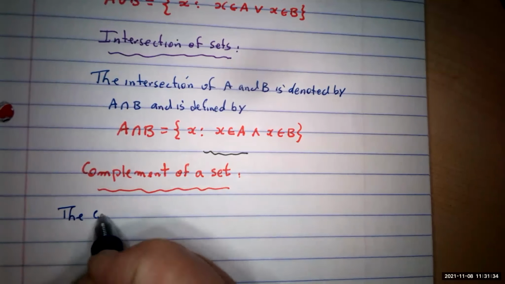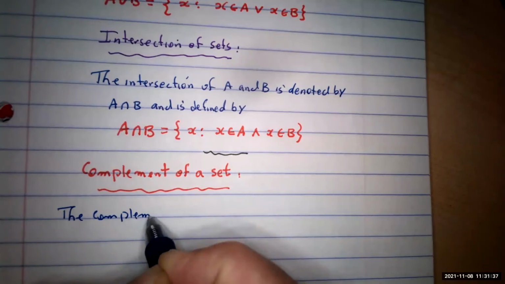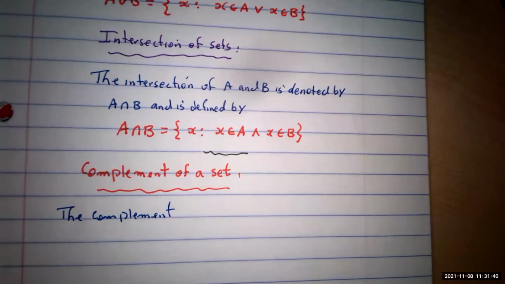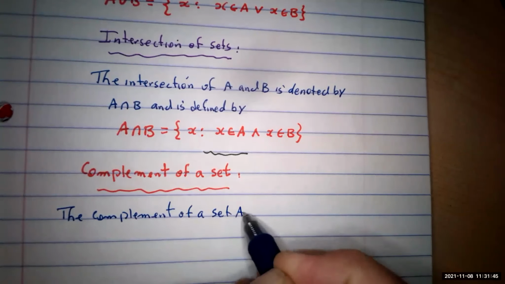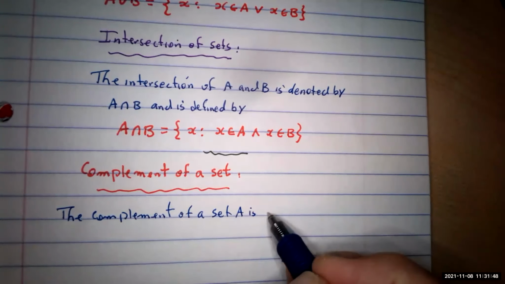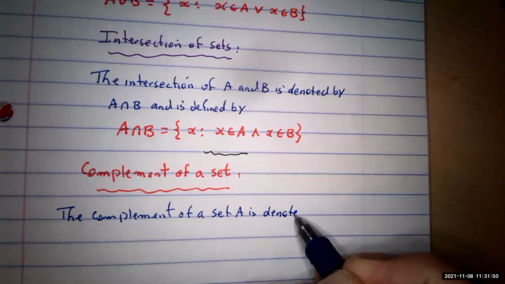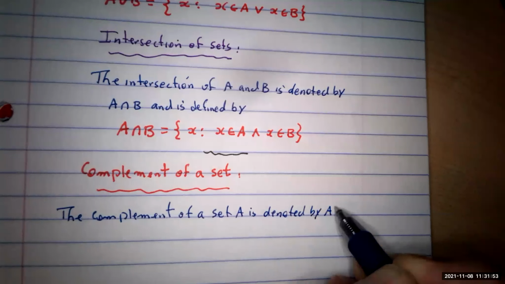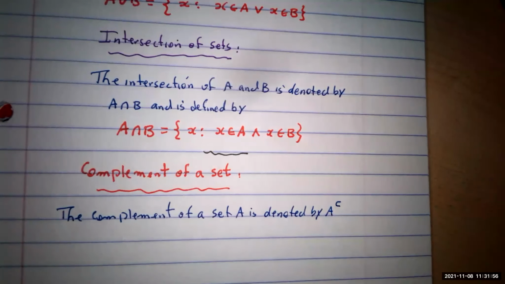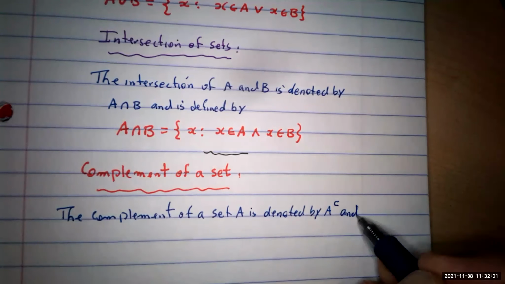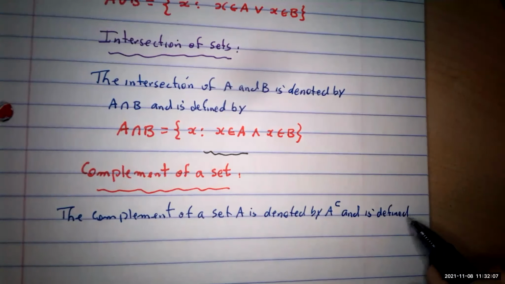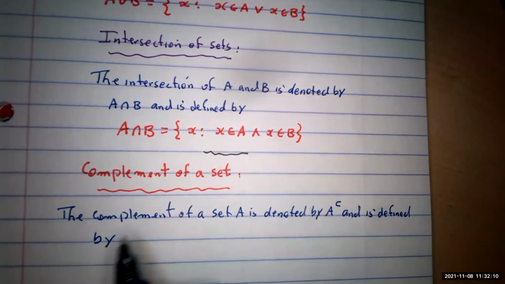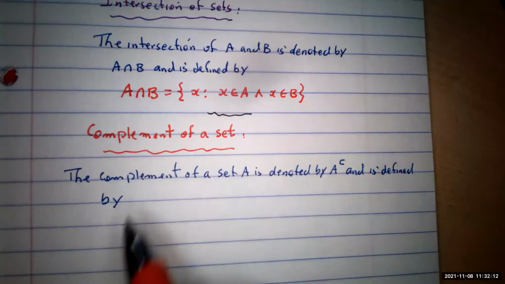So the complement of a set A is denoted by A complement, A^C, we are going to use, and is defined by, that's it, anything outside the set.